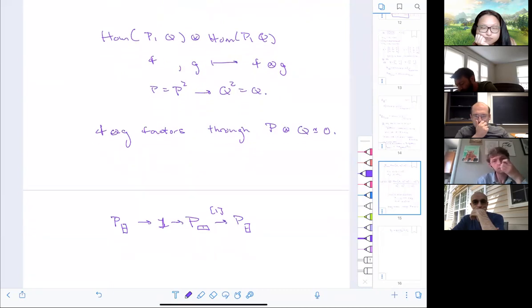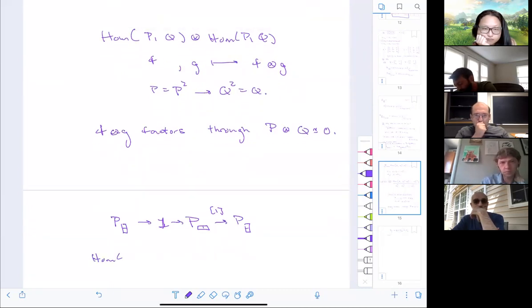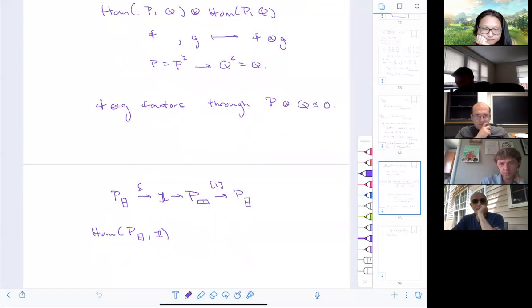The reality is that Homs from this projector to the identity is an algebra with this guy playing the role of a unit. Homs from the identity to this guy is an algebra with this guy playing the role of a unit.